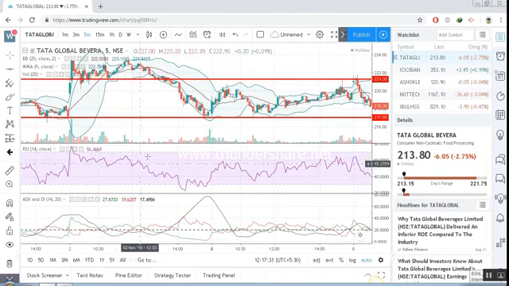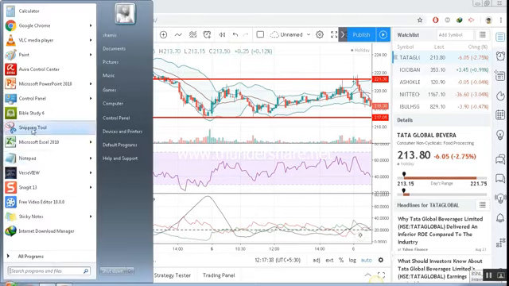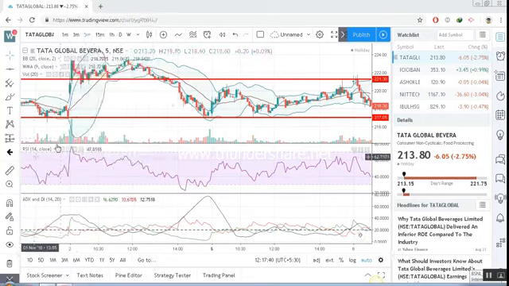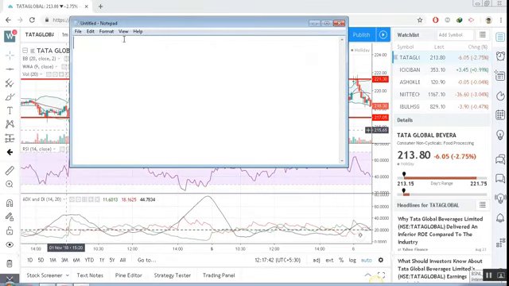Now I'm going to explain everything step by step, so there is no point of confusion here. First of all, I told you when you open an instrument, the first question is: what is the trend?